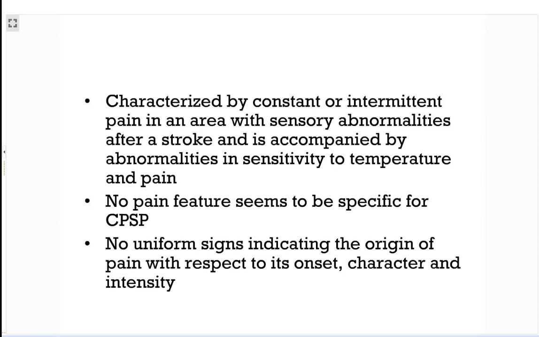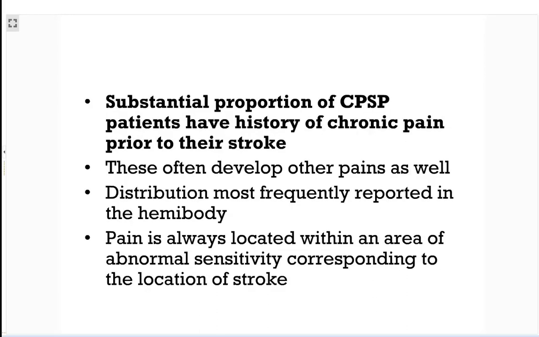Some will describe burning, some stabbing, some prickling, or raw, or itchy, or superficial, or deep. Lots of these different words come about, but there's not one that's specific and common for people with central post-stroke pain. So we also don't have a uniform sign that indicates the origin of the pain.